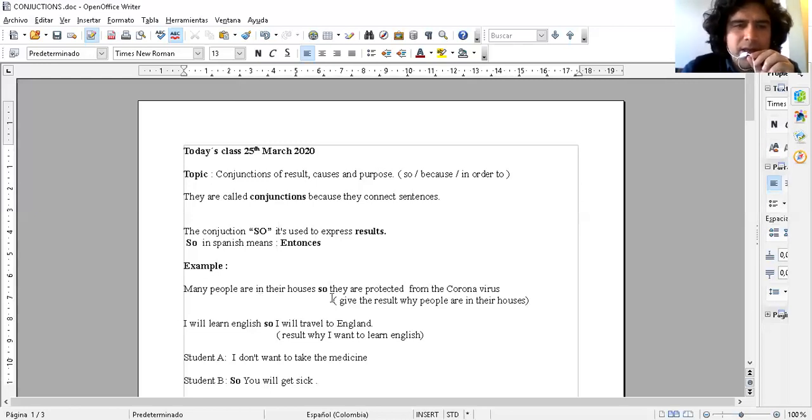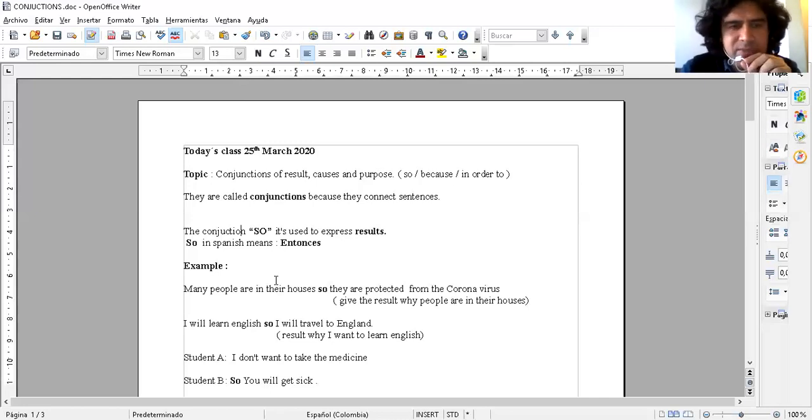Example number one. Many people are in their houses, so they are protected from the coronavirus. In this case, after the conjunction so, we have the result, el resultado. Why the people are in their houses, porque las personas están en sus casas.